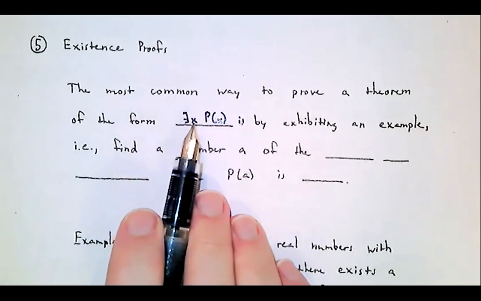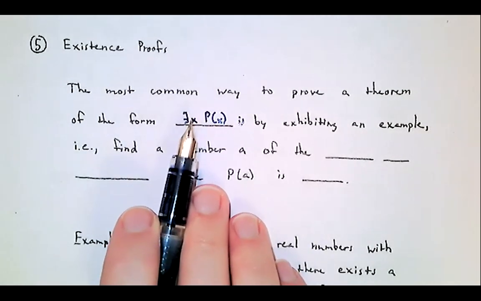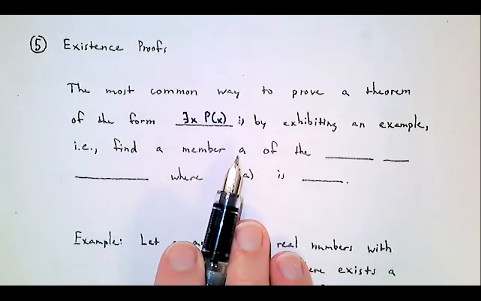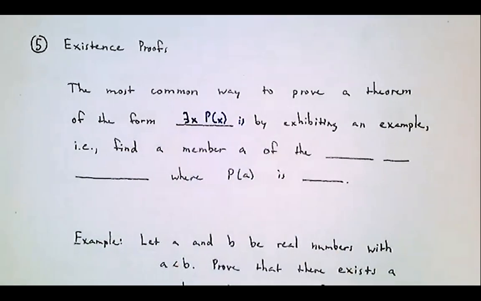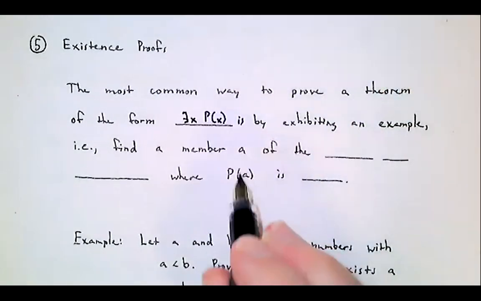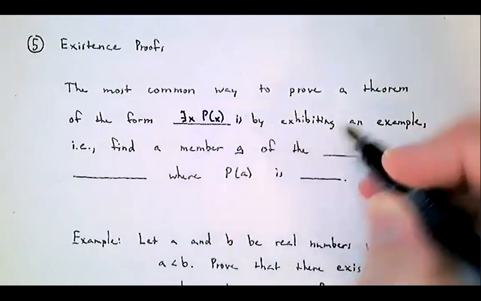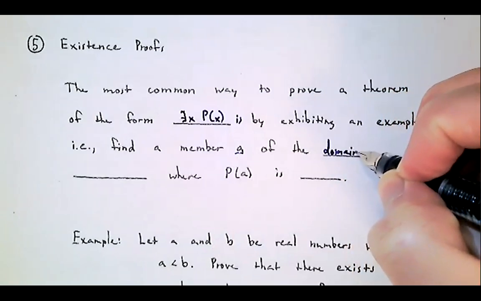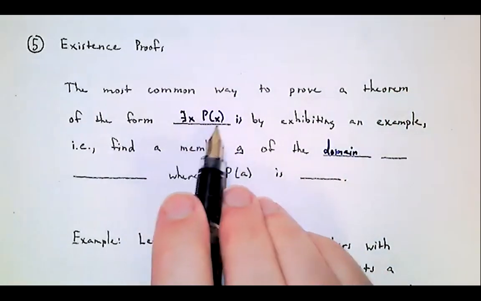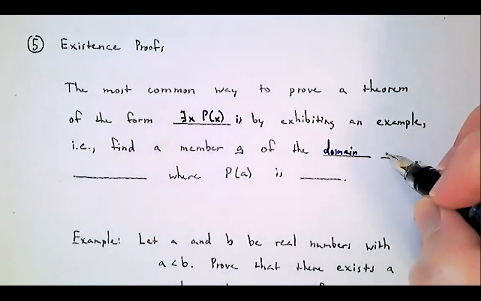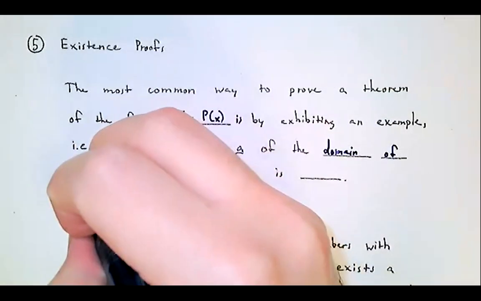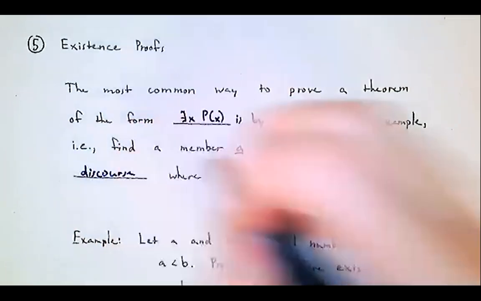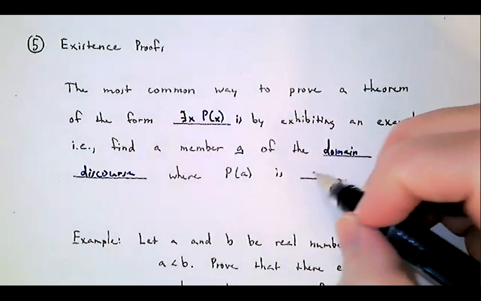So just finding an example of a member of your domain of discourse, here I'm going to call my member A. So this is a value that we can plug in for x, where P of A is actually true.